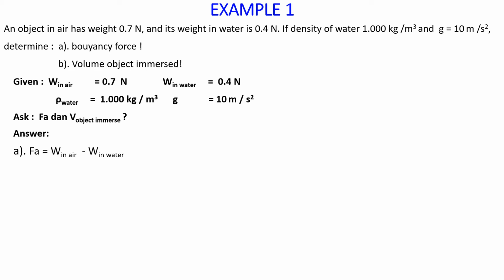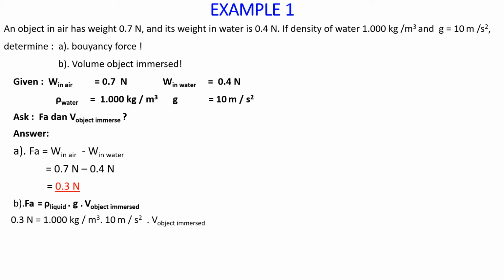Answer A. Fa equals weight of object in the air minus weight of object in water. So, Fa equals 0.7 Newton minus 0.4 Newton, so Fa equals 0.3 Newtons. And for question B, Fa equals density of liquid times acceleration of gravity times volume of object immersed.